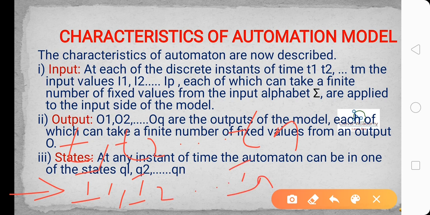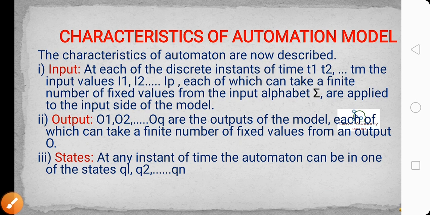At the different discrete timings we are representing different input values, and based upon the input value the operations will be performed. So remember that the first characteristic is input. Each finite automata will be represented by some set of input values.